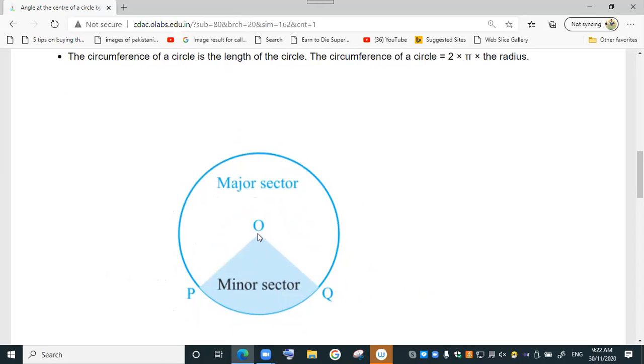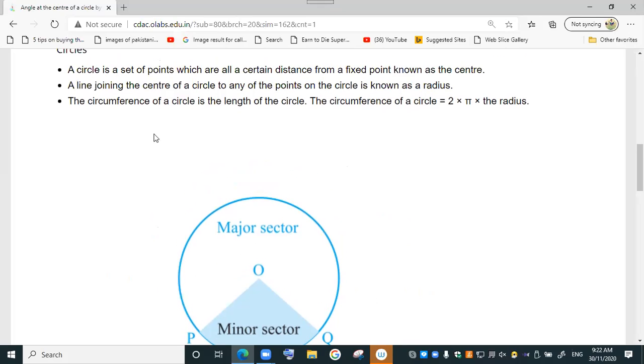So this fixed point is called the center, and this is the circle.